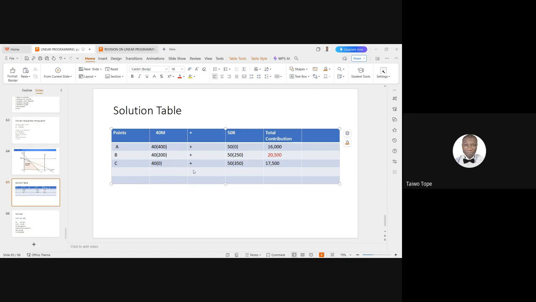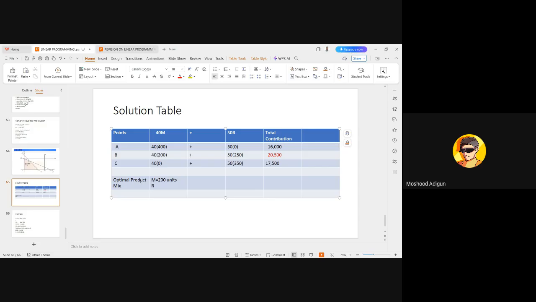And the profit. So the profit in the month of August will now be what? Highest contribution less fixed cost.